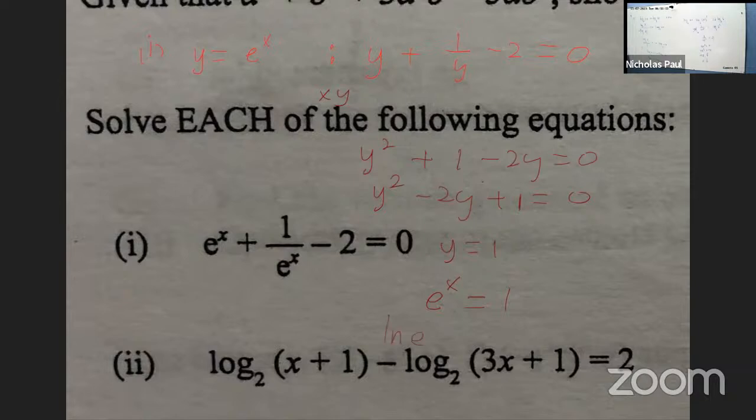So you'll get ln e to the x is equal to ln 1. x is equal to ln 1, or 0. Answer is 0. Ln e is 1 and ln 1 is 0.